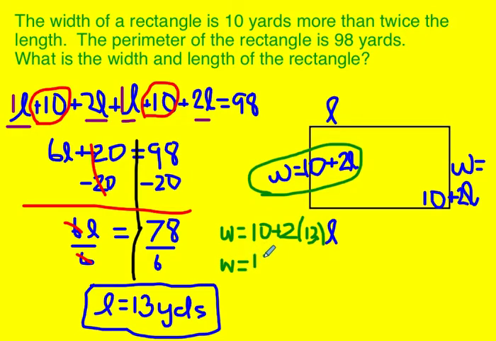So 2 times 13 would give us 26. And then 10 plus 26 is going to give us a width of 36. Again, one more time, you need that label. So that label in this case was yards. So we have a width of 36 yards and a length of 13 yards.